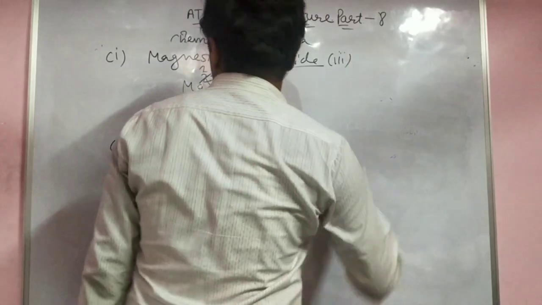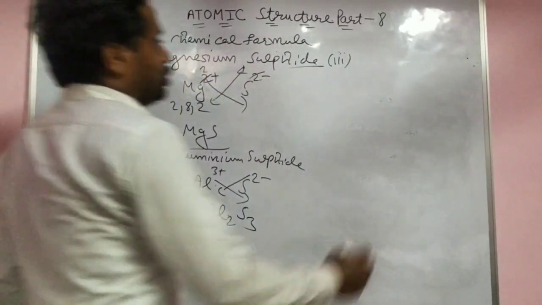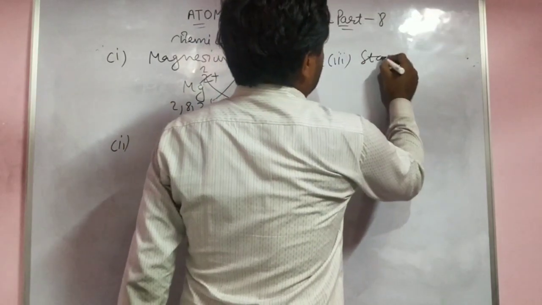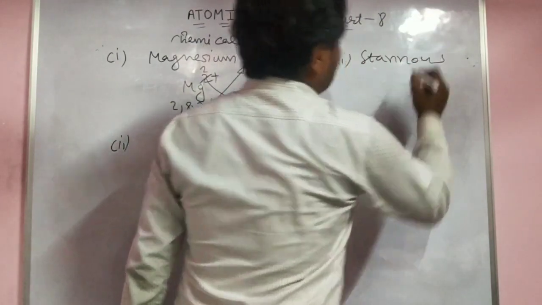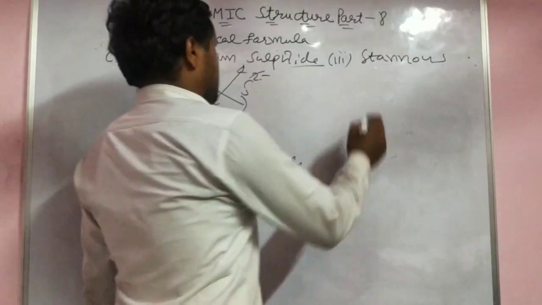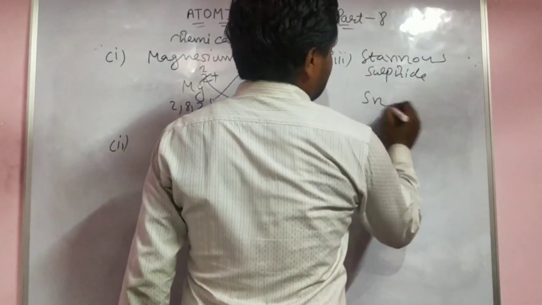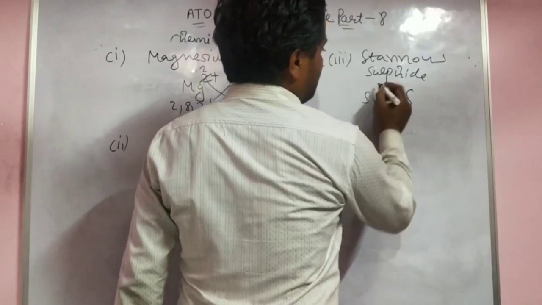Any third? Yes, third. See there, cuprous chloride. Here one more we have to take: stannous sulfide. You know stannous is Sn, sulfide is S only.